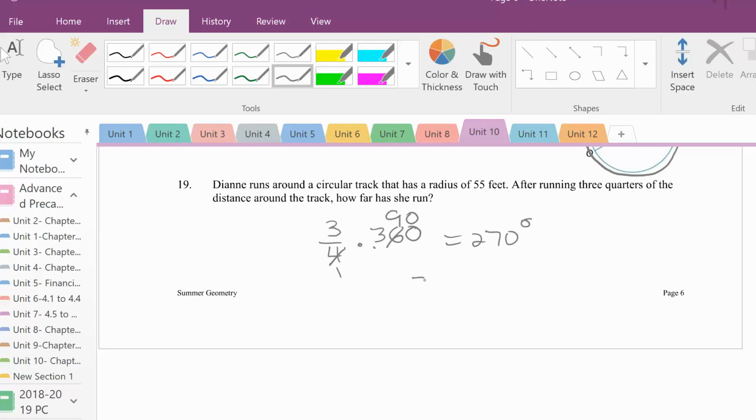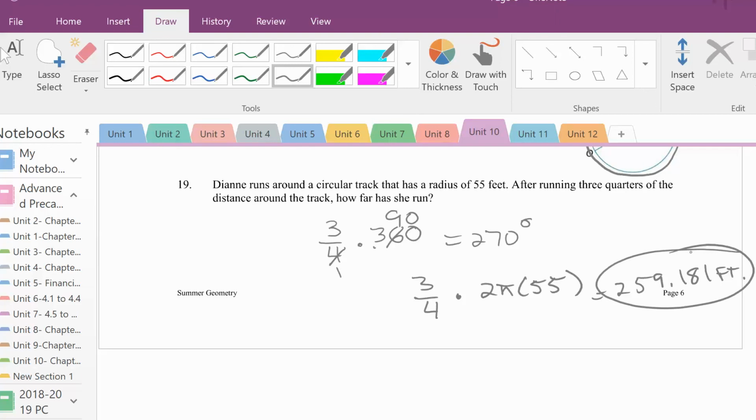So basically 3/4 times 2 pi times 55. Well, when you multiply that out, you get 259.181 feet. So that's how far she's run.